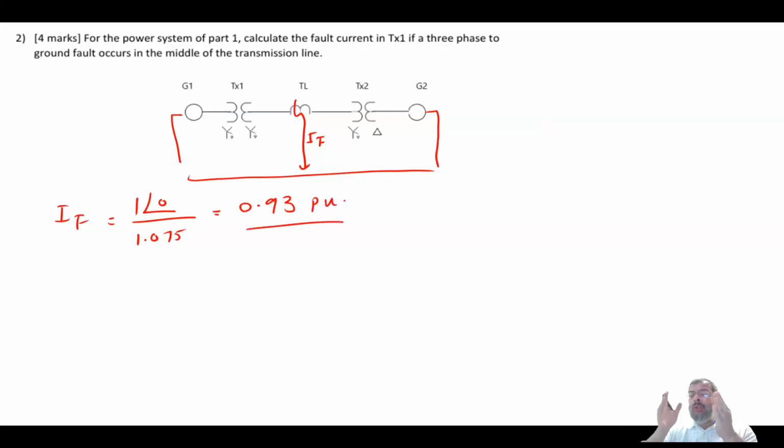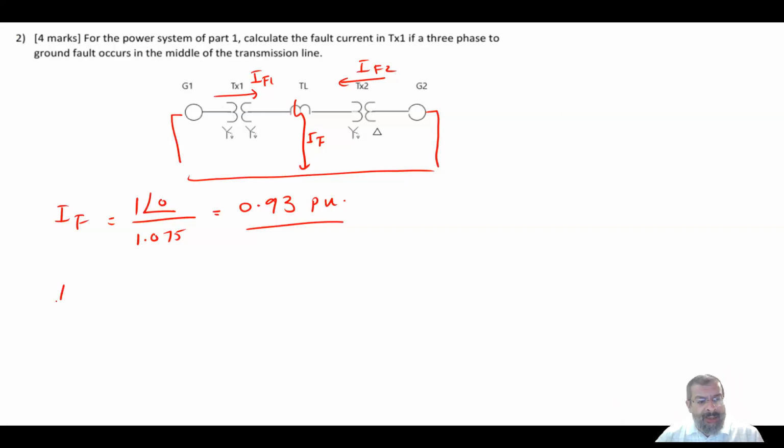This is the total fault current that happened at the middle of the transmission line. But that's not what we want. We want to know the fault current that goes through here. So we will have part of the fault current coming from this side and part coming from the other side. These two generators will contribute to the total value.